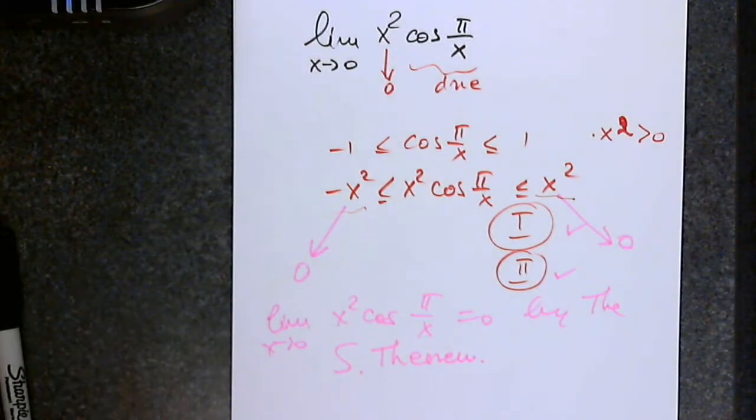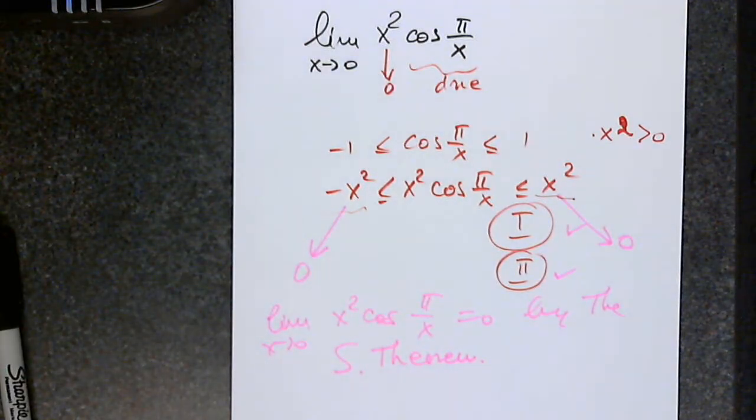But I have to show both conditions, both hypotheses. I have to make sure that I present two functions that squeeze the original function, and that both functions have the same limit, and it exists.